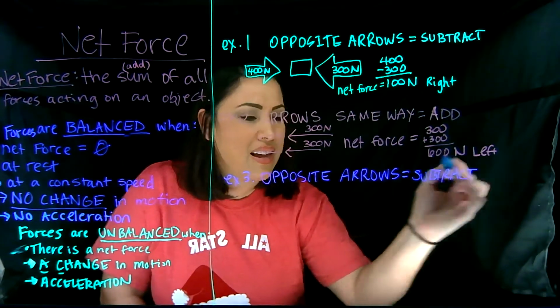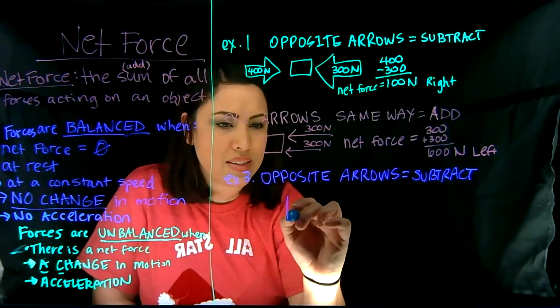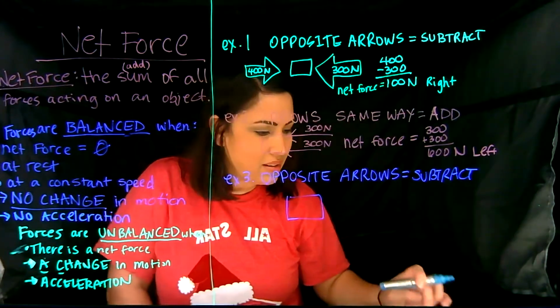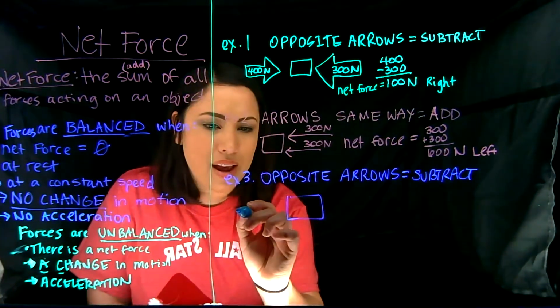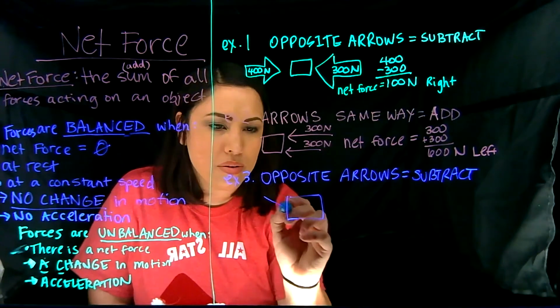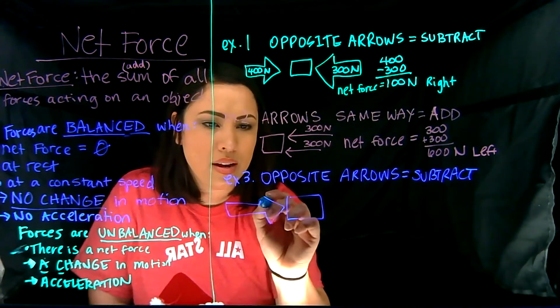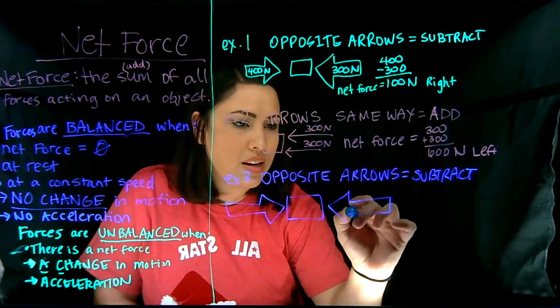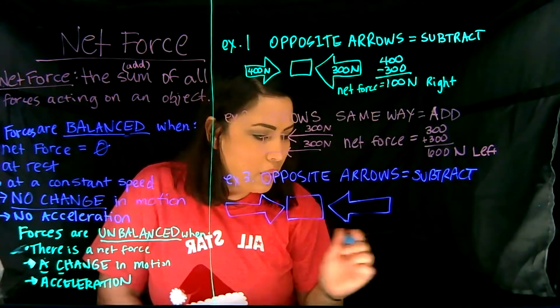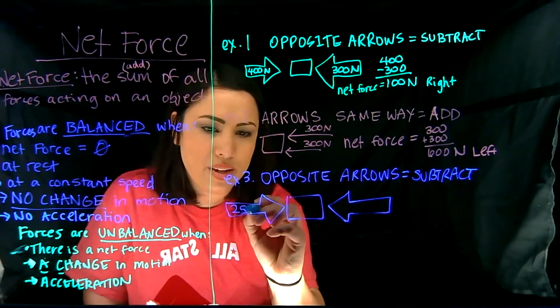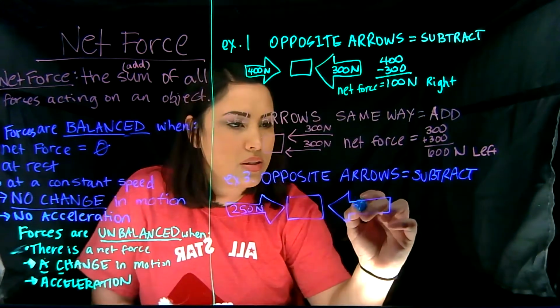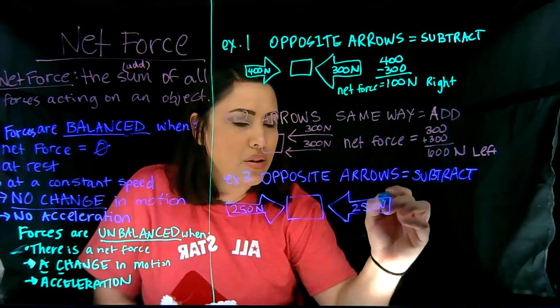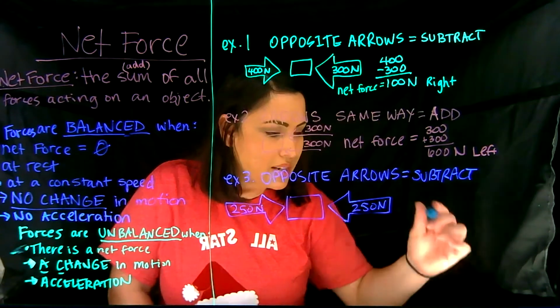Subtract. Okay, so here we have a box again. And now we're going to have our arrows going this way. Opposite arrows again, same way. But now we're going to do 250 newtons, 250 newtons. So now we're subtracting.